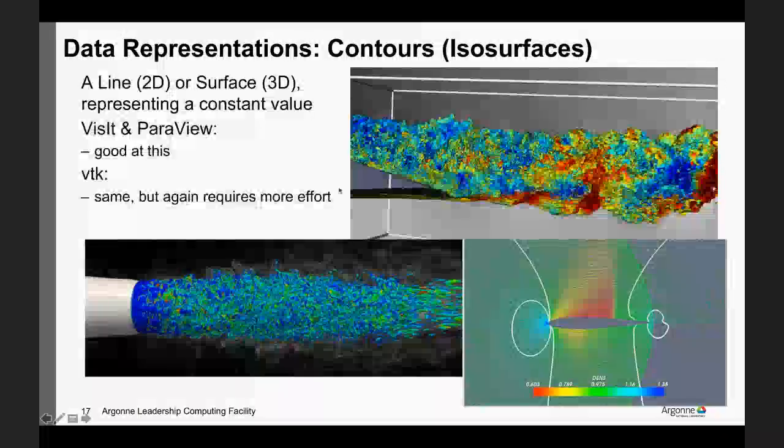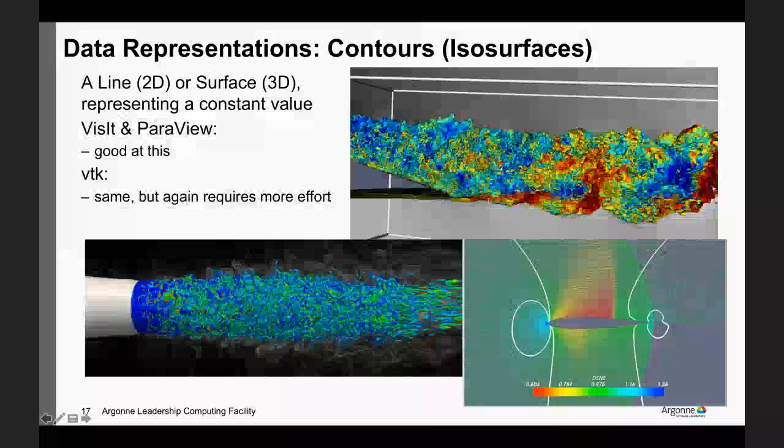So these tools support, for example, in this top image, multiple surfaces. Each of these colors is a separate surface of, I don't know, vorticity maybe, I forget the value that we're looking at here. But we're coloring it by the same thing that we are contouring by.